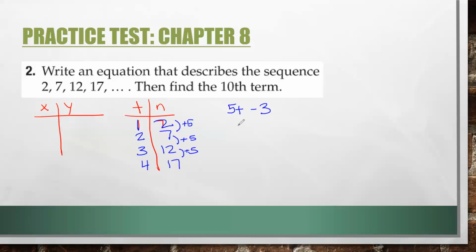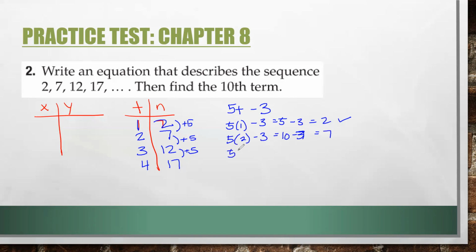So I'm going to test a couple of these out. If I put in 1 for t, that would be 5 minus 3, which is 2. So that works. You should always test out more than one of these because it might work for the first term, but it may not work for the second. So 5 times 2 is 10, minus 3 would be 7.